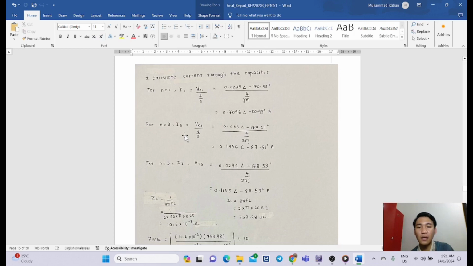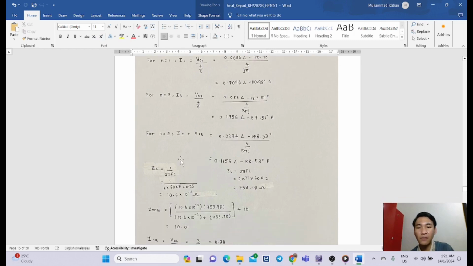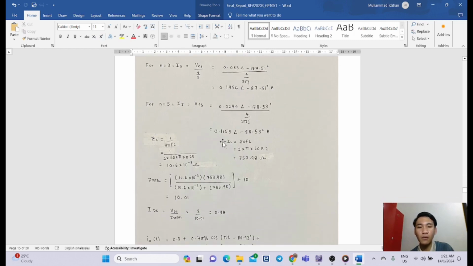For I3, we repeat the step, and we find the value of I3 which is 0.1956 with the angle negative 87.51 degree ampere. And lastly, for N5, we get the answer which is 0.1155 with the angle negative 88.53 degree ampere.